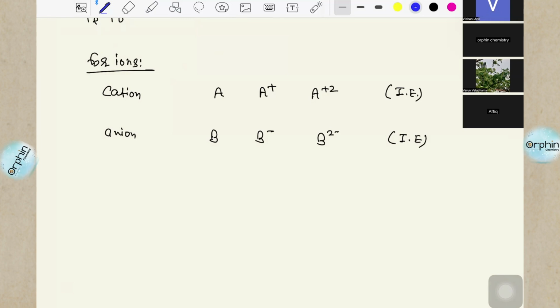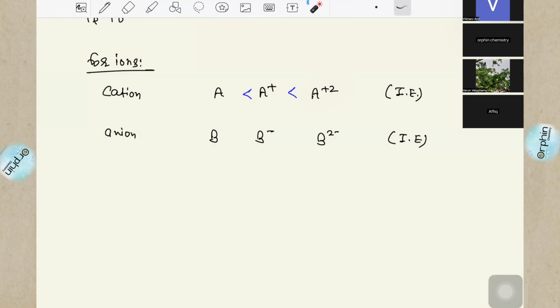Okay, so Varun, I expected the correct answer for this. A plus 2 will have more IE than A plus than A, because as you can see, the number of protons is the same, but here electrons are fewer, right? And it is a cation. It is electron deficient. So removing an electron from the deficient species will be difficult.